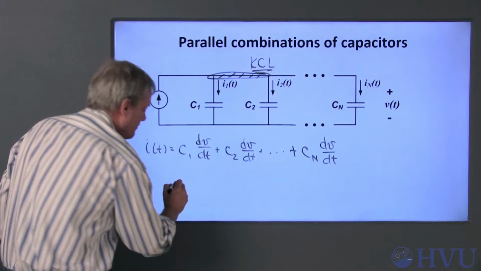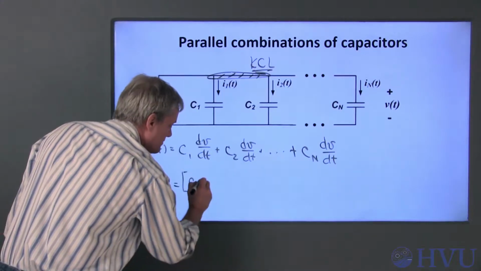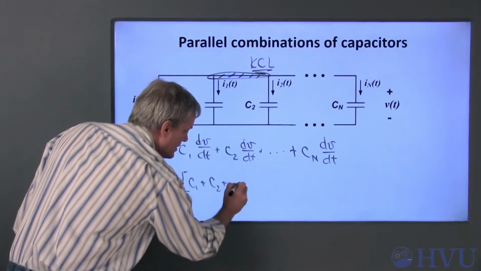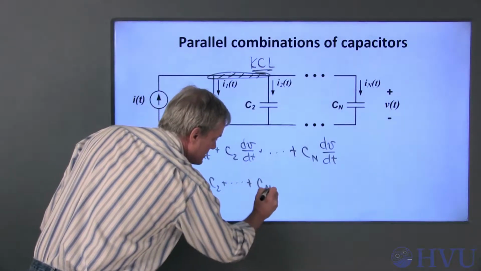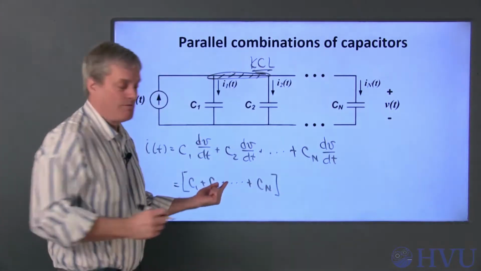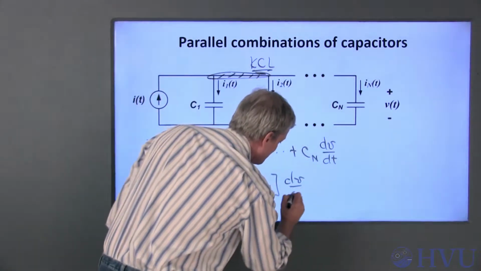I can pull out all of the C's. So this becomes C1 plus C2 plus all the other capacitances up to C_n, times the derivative of voltage with respect to time.